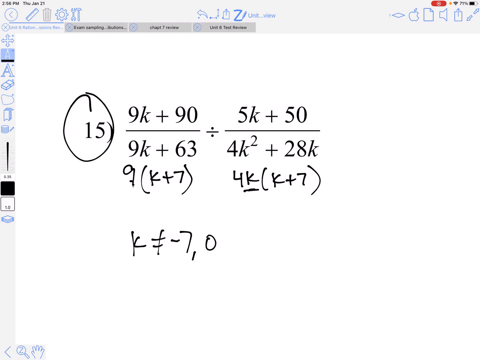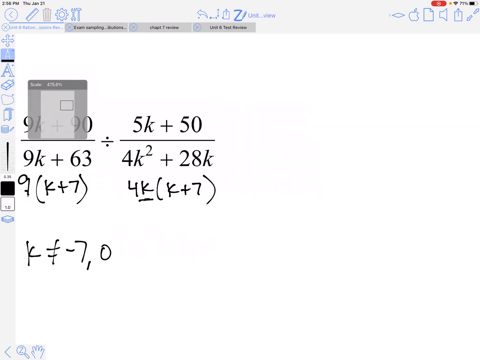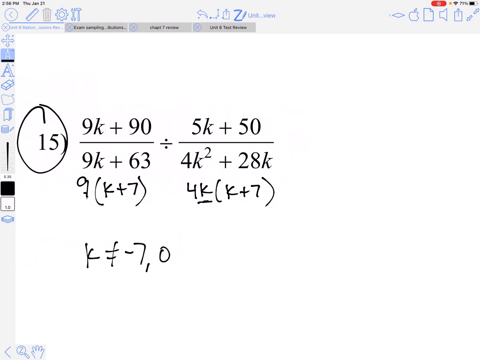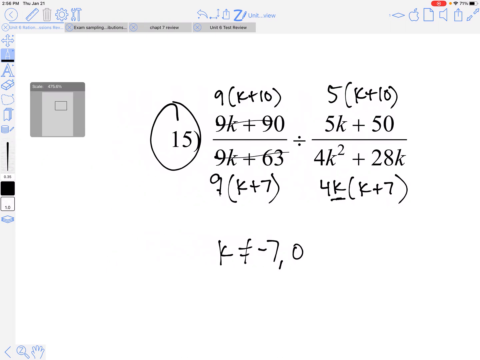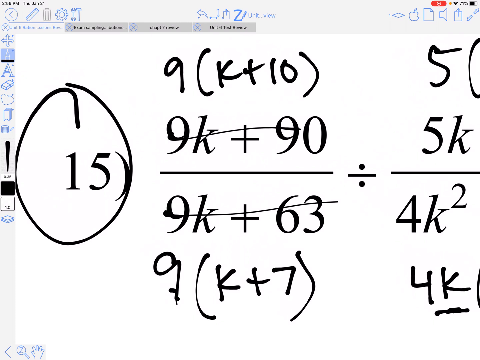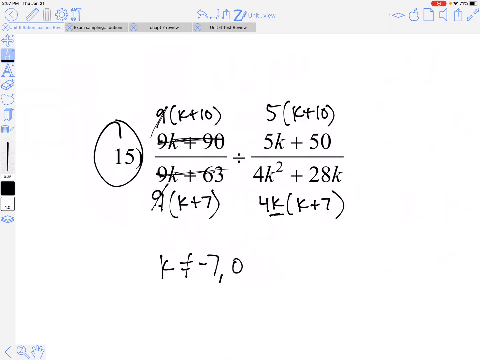Okay? All right. So I'm going to look at the numerator now, factor that, pull out the GCF, and then I'm also going to do this one while I'm at it. Okay, so I'm going to just look at the left-hand fraction. So we have 9k plus 10 divided by 9k plus 7. I'm going to cross off my 9s. They're gonzo, okay?